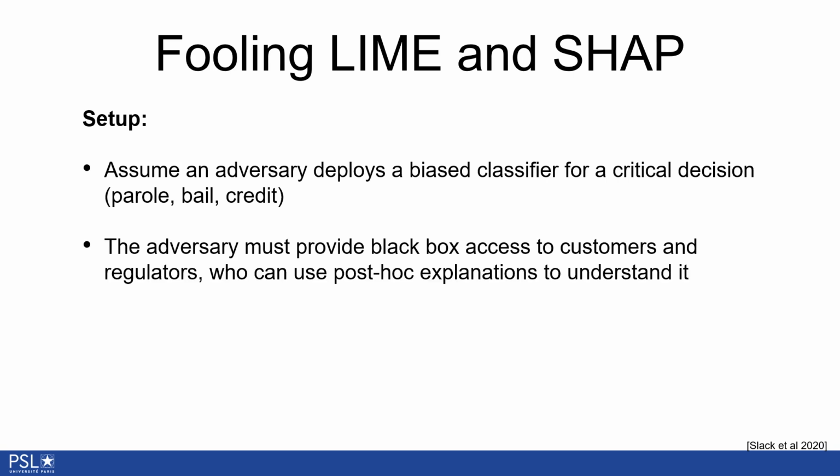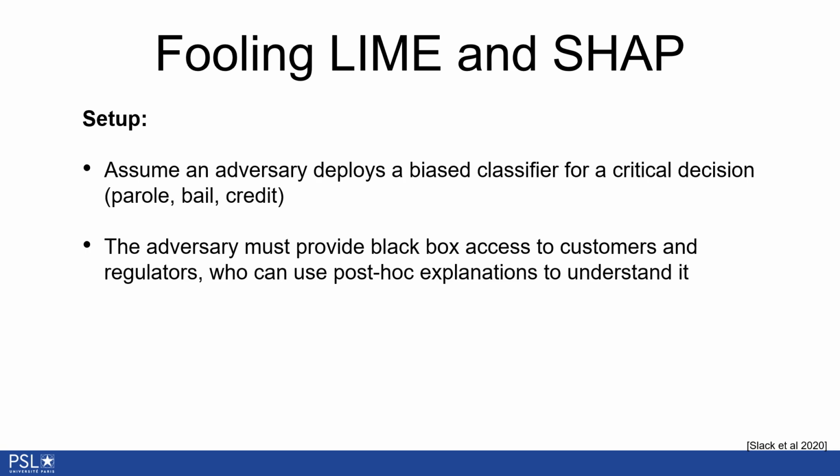This adversary knows that it must provide the access to the black box models both to customers and to regulators, who can then use post hoc explanation methods to try and understand it, and in particular to assess whether the black box model is fair or biased.